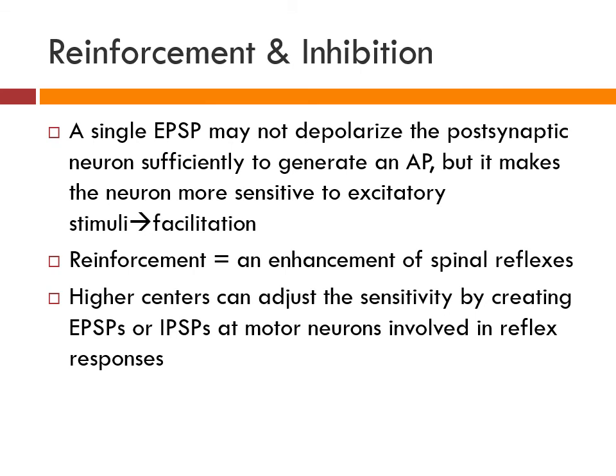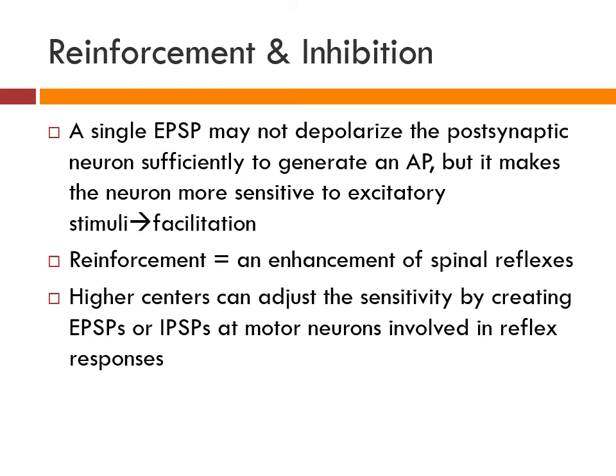A single excitatory postsynaptic potential may not depolarize the postsynaptic neuron sufficiently to generate an action potential. However, it makes that neuron more sensitive to excitatory stimuli. This is called facilitation.